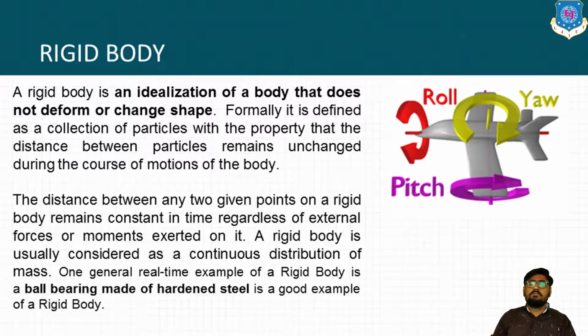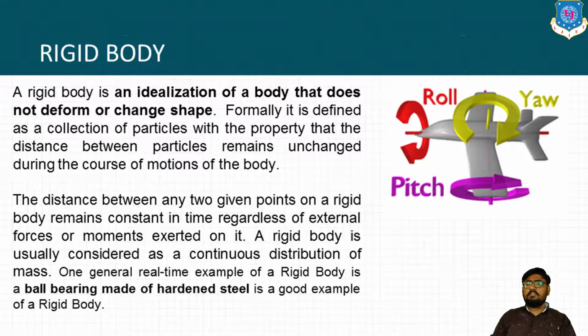A rigid body is usually considered as a continuous distribution of mass. One general real-life example of a rigid body is a ball bearing made of hardened steel. As you can see over here, there is an aeroplane drawn in the figure. Its shape and size do not change while pitching, yawing or rolling.